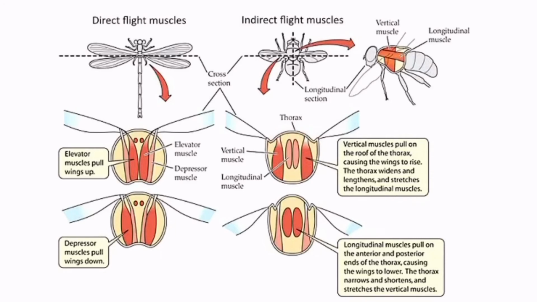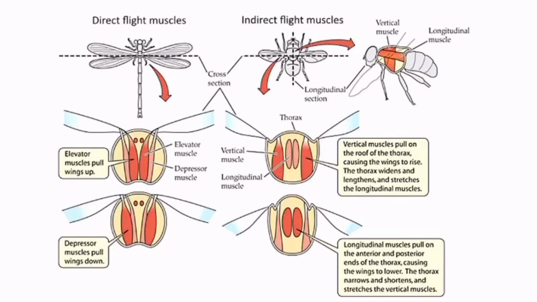When the vertical muscles are contracted, like in this photo, they pull on the roof of the thorax, causing the wings to rise. The thorax widens and lengthens and stretches the longitudinal muscles.